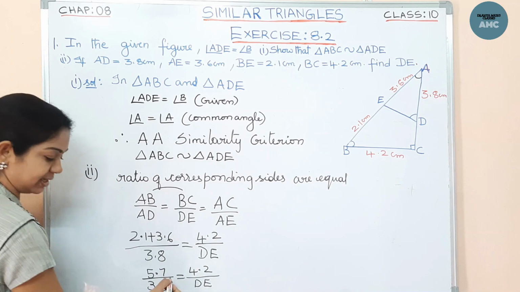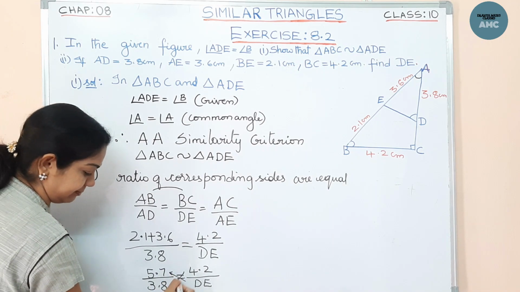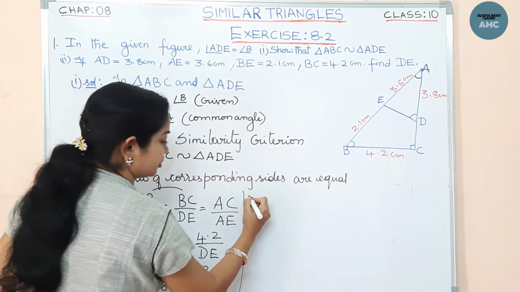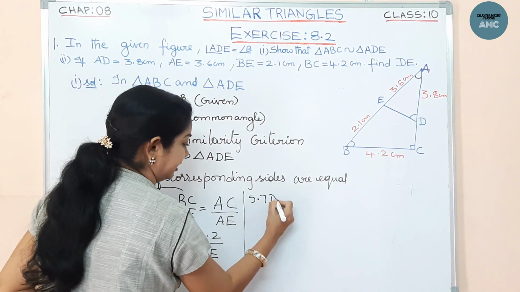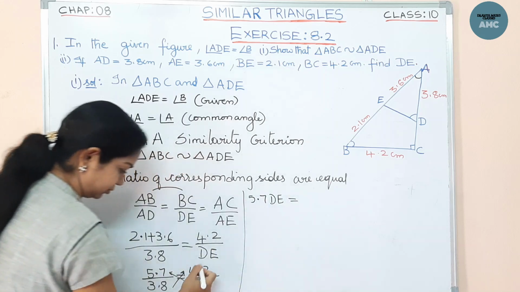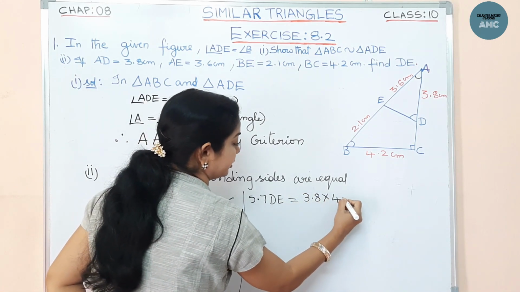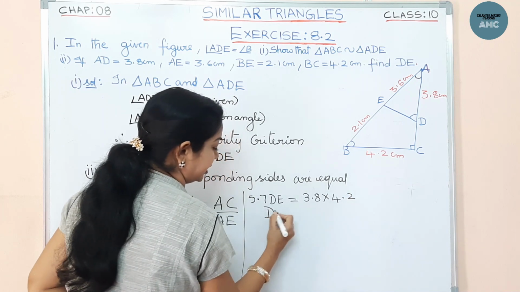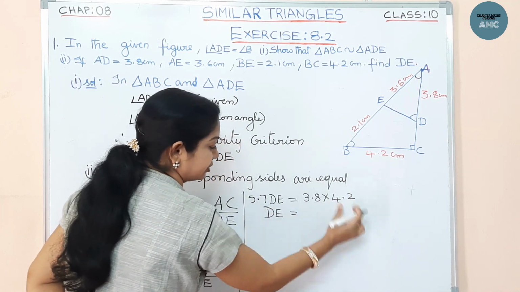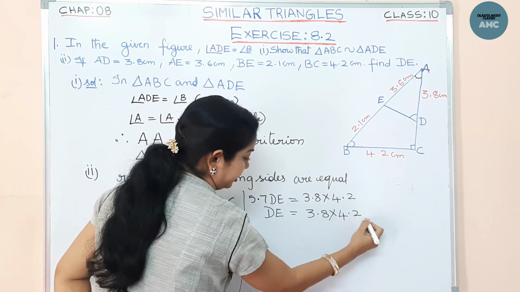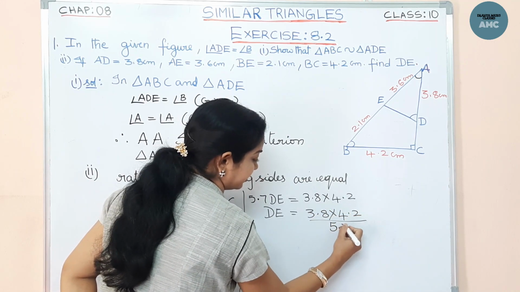So just cross multiplying, it comes to 5.7 DE is equal to 3.8 into 4.2. Now DE is equal to, I'll shift this to the other side, it becomes divided, 3.8 into 4.2 divided by 5.7.